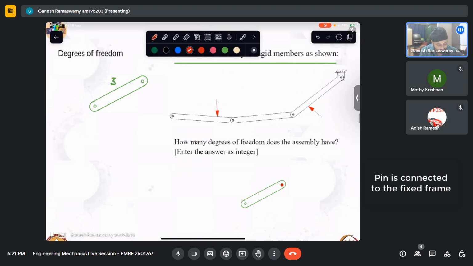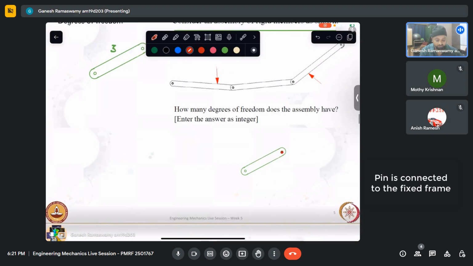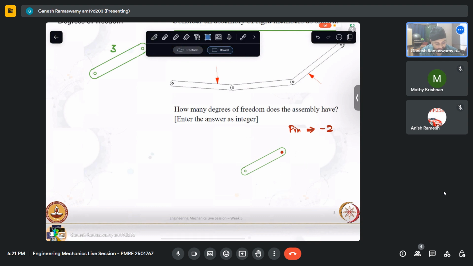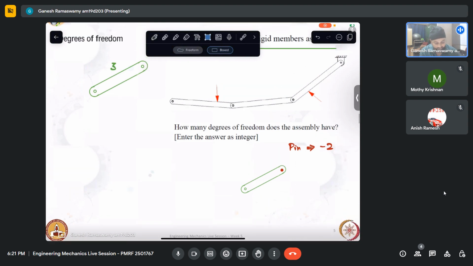So once this pin was introduced, it essentially took away 2 degrees of freedom. It took away 2 translations. It allowed only rotations.